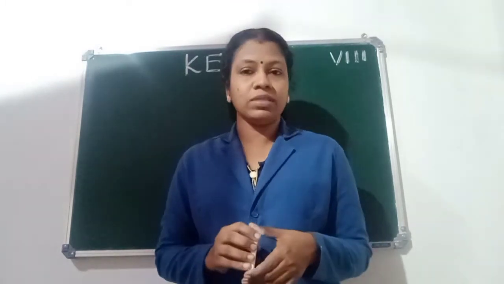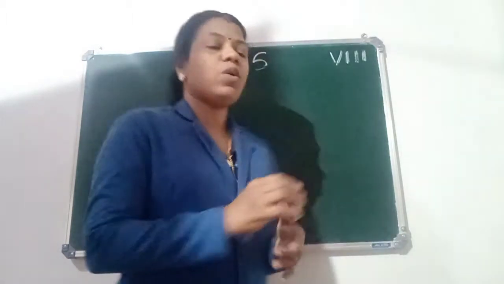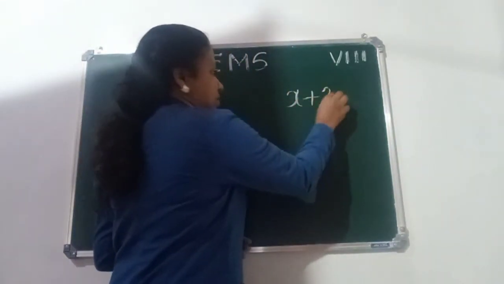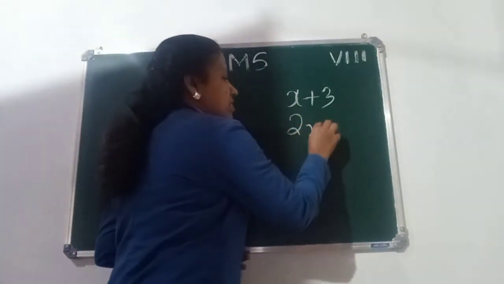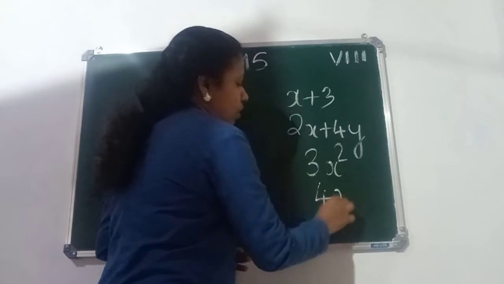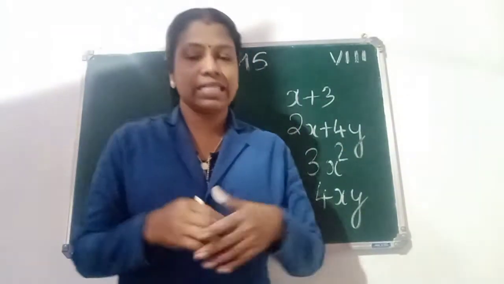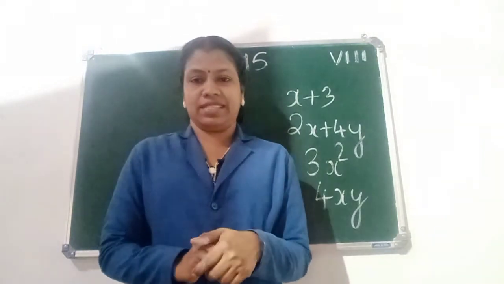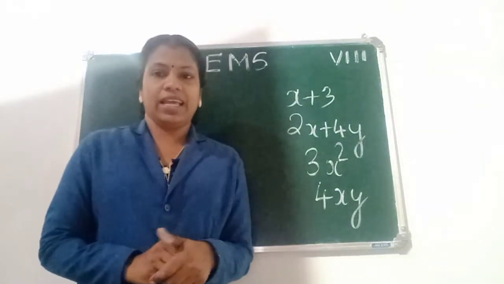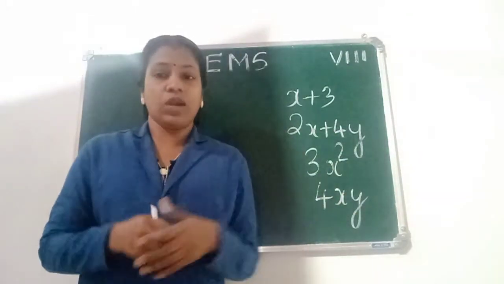They are formed using variables and constants only. So, x plus 3, x plus 4y, 3x square, 4xy, all these are examples of expressions. They do not have the equality sign.